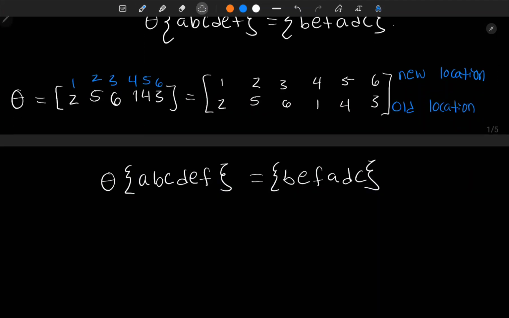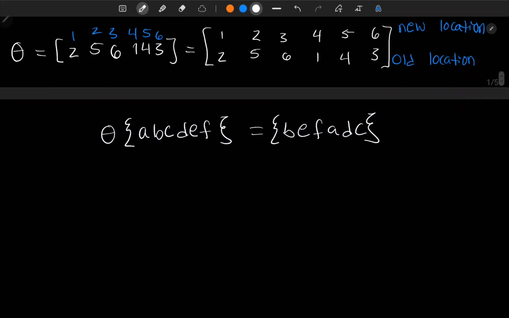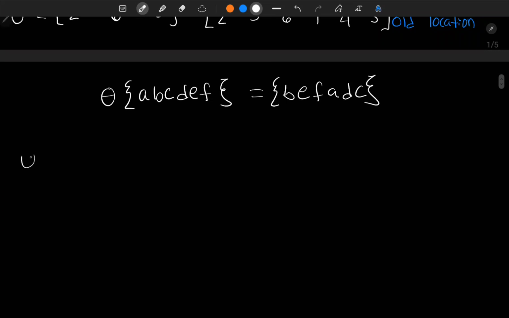Next, let's consider the combination of two permutations. So suppose now we have another permutation, psi, which is equal to, in one-line notation, 4, 5, 3, 6, 2, 1.